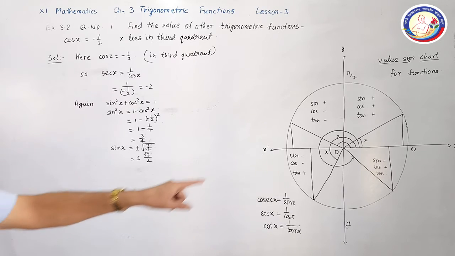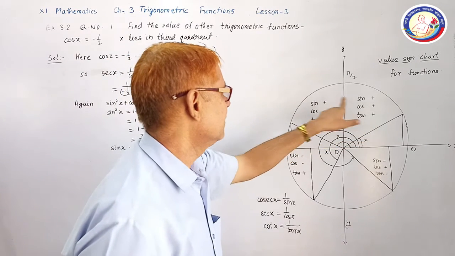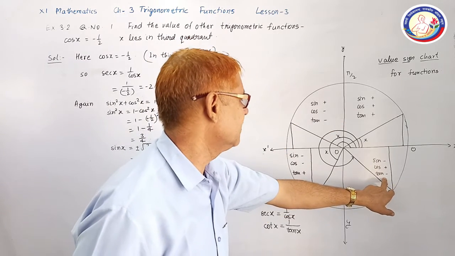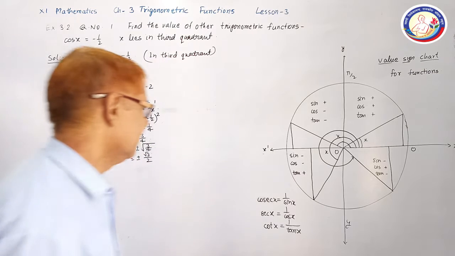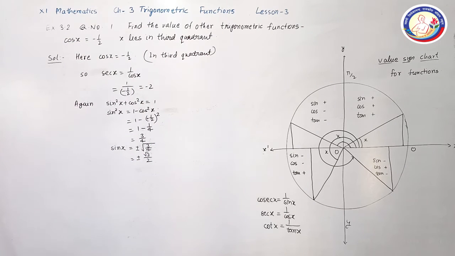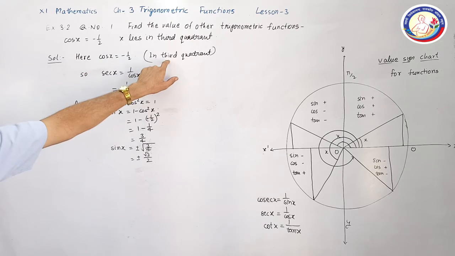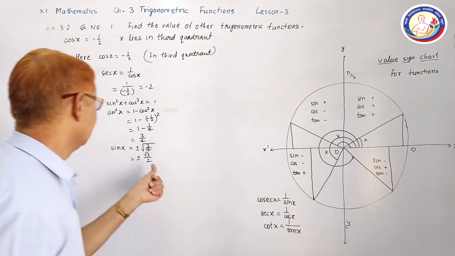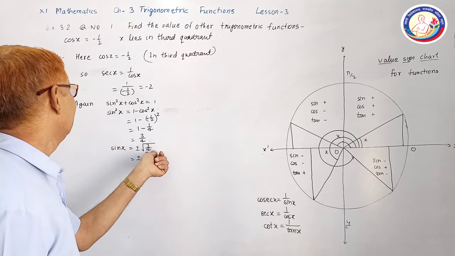Now sin is positive in the first quadrant and second quadrant, and negative in the third and fourth. The angle x lies in the third quadrant. In the third quadrant it is negative. So we will use only the negative value.